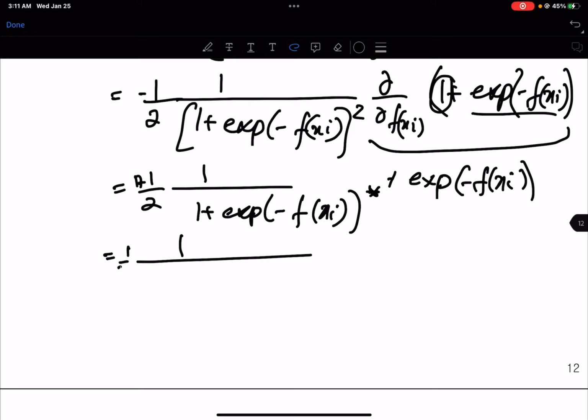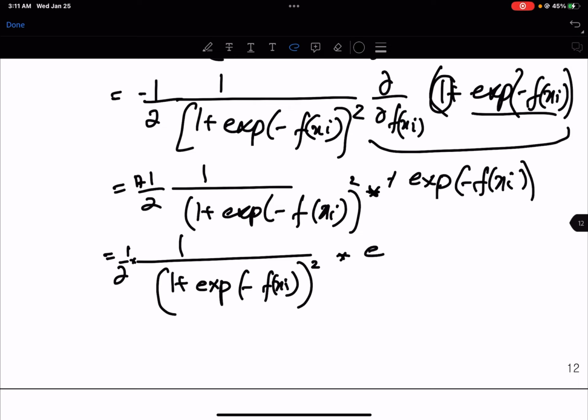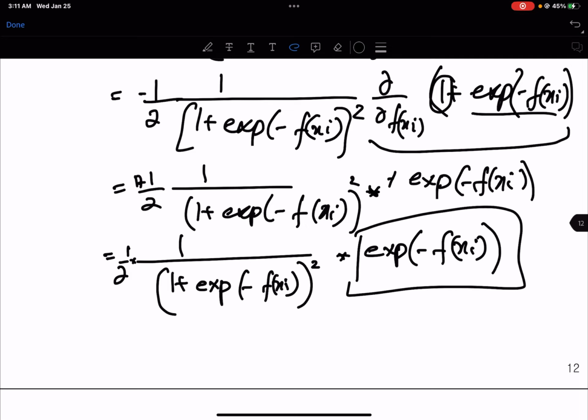Okay, this cancels, and we are left with 1 by (1 plus exponent minus f of xi) whole squared multiplied by this function exponent minus f of xi. Now we are going to further study this.